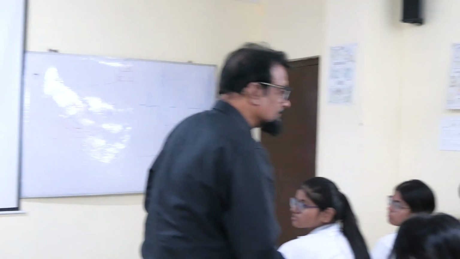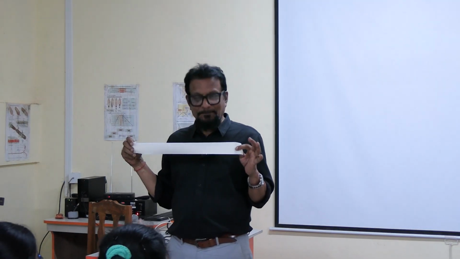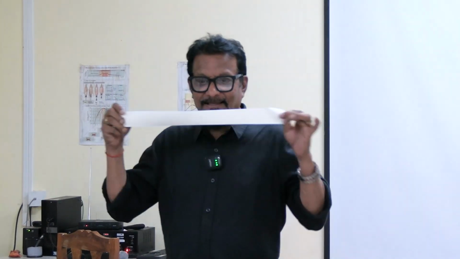From this paper only. It has two axes. We know graph paper has two axes. One is X. Which axis will represent time? Because this paper will be moving like this. This x-axis will be our time.